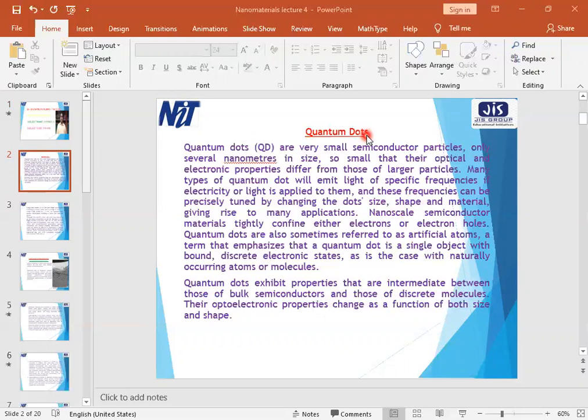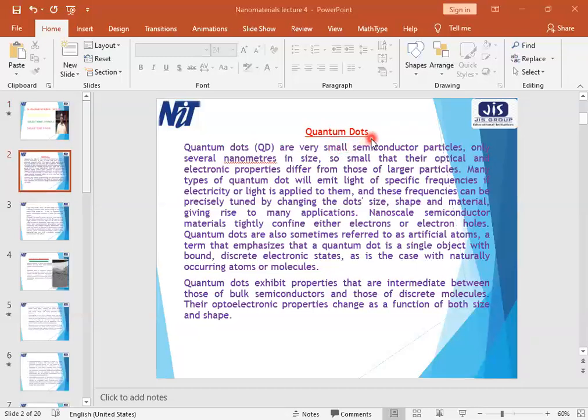This is a very good thing, and there are many types of quantum dots, emitting different specific frequencies of light. That means the wavelengths are different, and because of that the color of the light is different. Also, a very good use is that it can be used as an artificial atom.